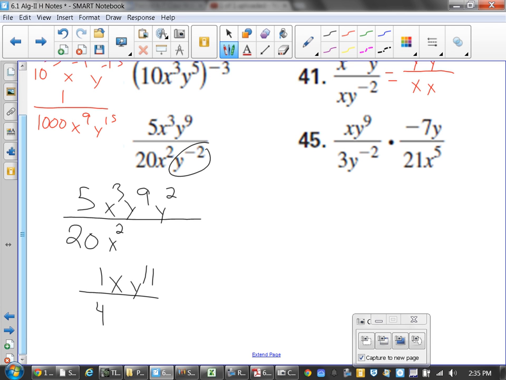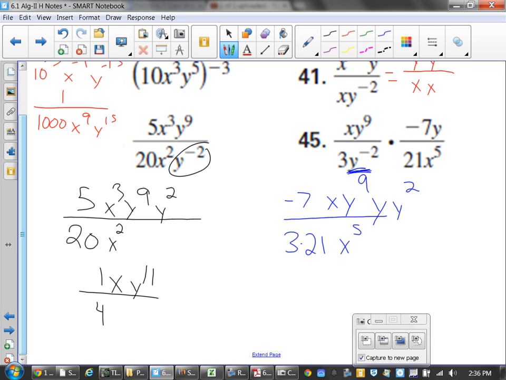And then lastly, rewrite your numbers first. When you rewrite your numbers first, you get -7 over 3 times 21, x, y to the 9th, y. This y is negative, so we're going to write him up top, and then this x to the 5th stays there. All I did there was move all my numbers together and rewrite all of my exponents to be positive and group them closely.